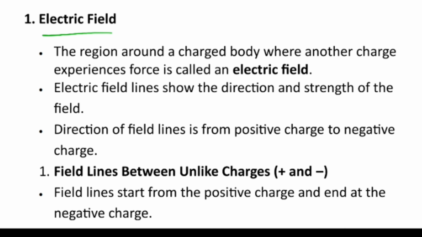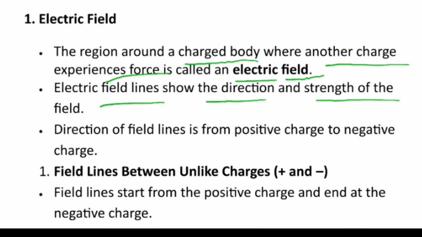Before going to that, what do you mean by electrical field? It is a region around a charged body where another charged body experiences a force. That we call an electrical field. Electrical field lines show the direction and strength of the field. The direction of the lines is from positive charge to negative charge.